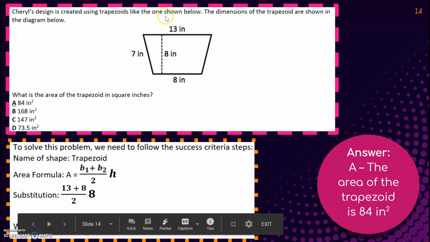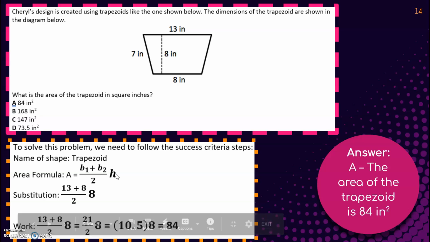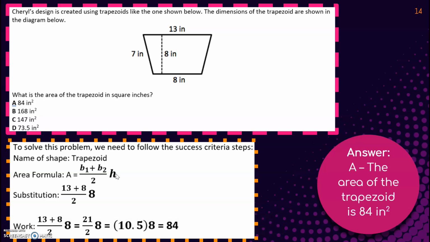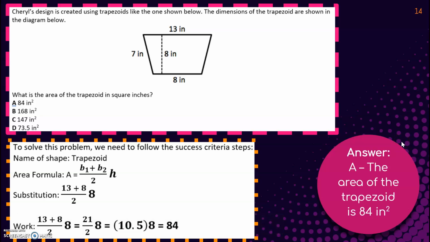So we know base 1 is 13 plus base 2 is 8, and then our height is 8 as well. So if we go through and we look at our work, 13 plus 8 will give us 21. And then 21 divided by 2 will give us 10.5. 10.5 times 8 will give us 84. So the answer is A. The area of the trapezoid is 84 inches squared.